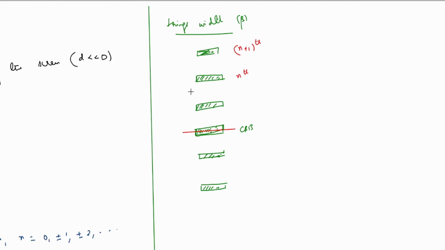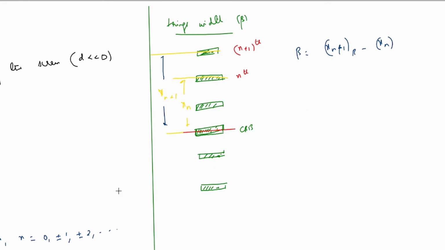So the distance from the center of this to the center of this is called xn, and the distance to the center of this band will be called x n plus 1. Therefore, beta will be equal to x of n plus 1 for the bright band minus x of n for the bright band. We can use the same argument for the dark band also, but here we'll take the bright band.